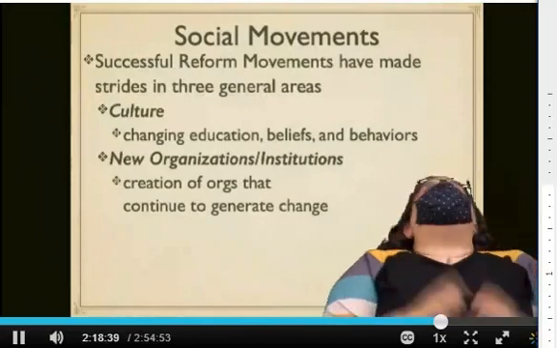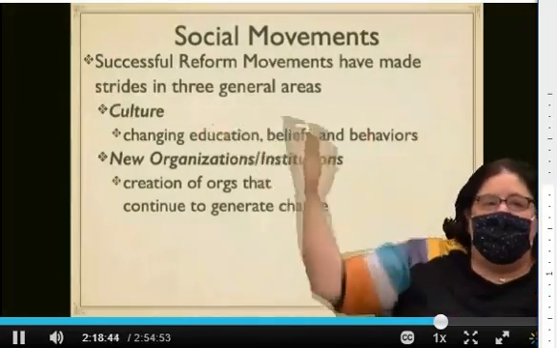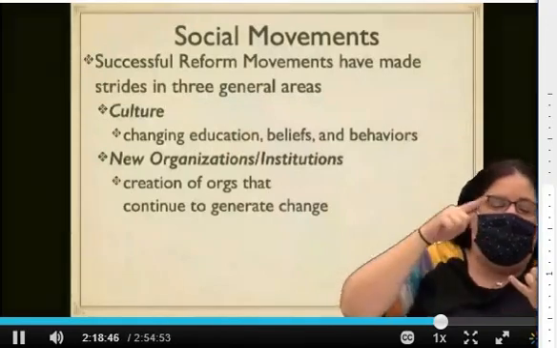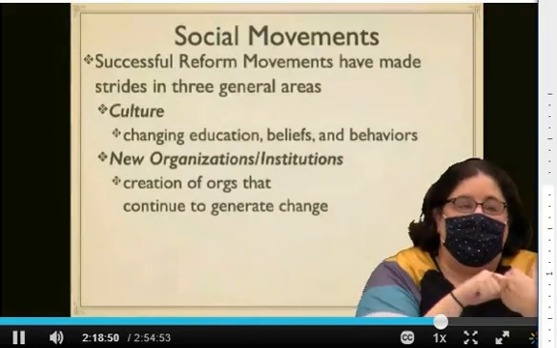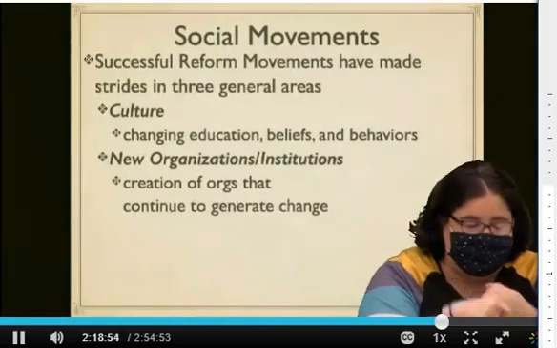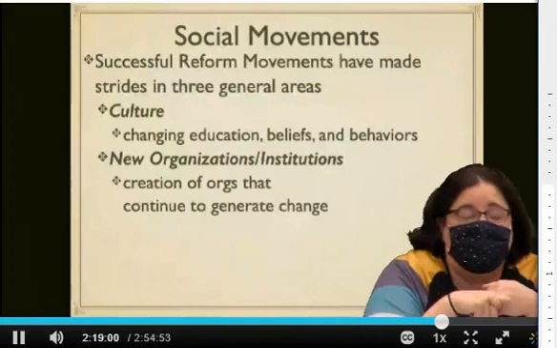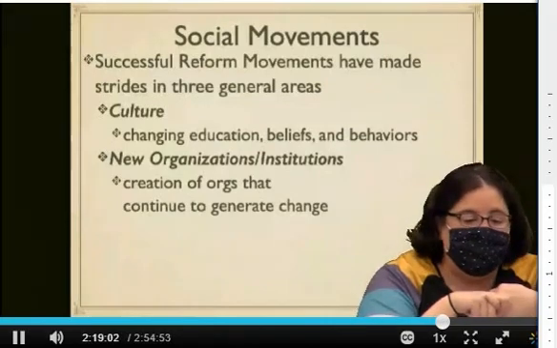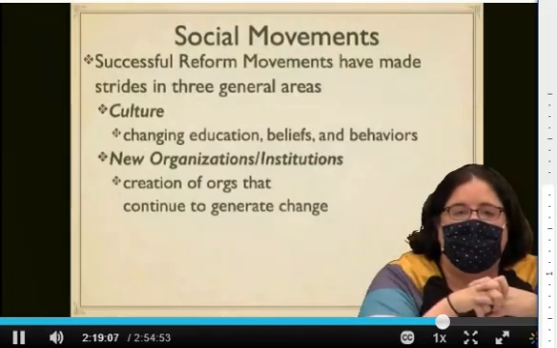So, for example, the civil rights movement not only produced changes in culture, right? We changed our education system in certain ways to reflect more, but not all, of the history of African Americans, as well as we reformed educational acceptance and higher education practices. There were changes to beliefs and behaviors around society about equality and that kind of thing.